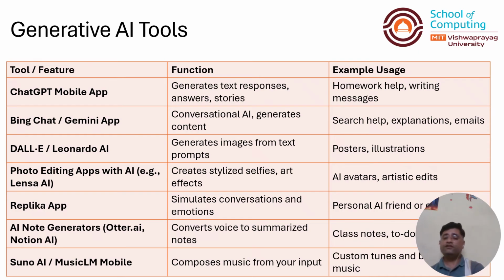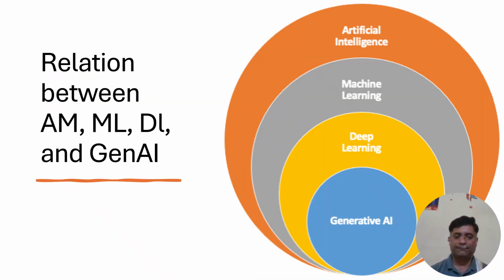It will generate the summary of the meetings, or if you give a long PDF, it will help you to summarize the content. Suno AI. It will help you to compose music from your input. Here we are creating something new. So this is called generative AI.